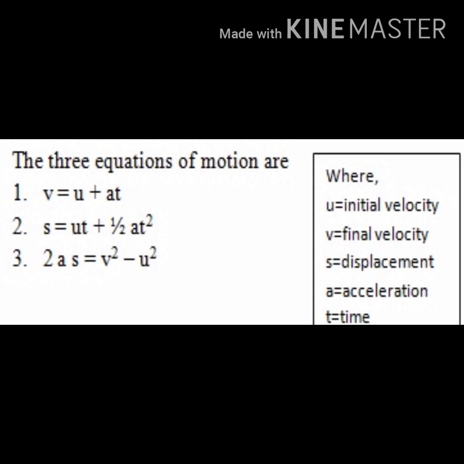The first equation of motion is the relation between velocity and time. If you see, there is no distance; it is a velocity and time relationship. The second equation, S equals UT plus half AT square, is a relation between displacement and time.